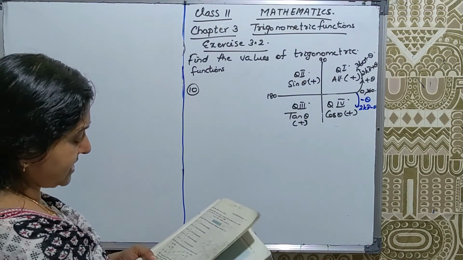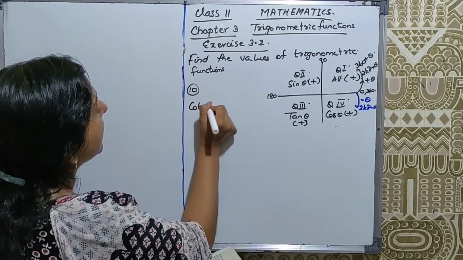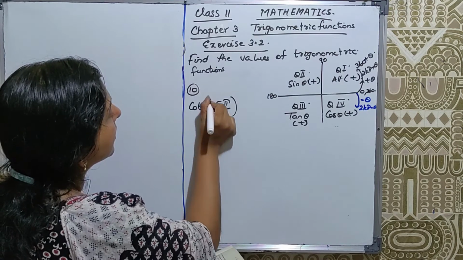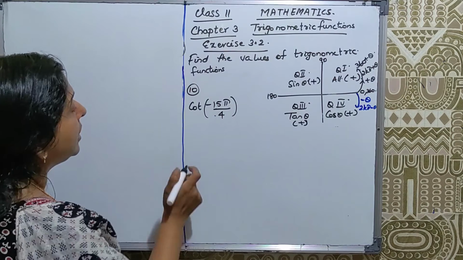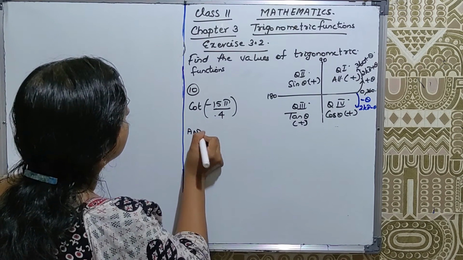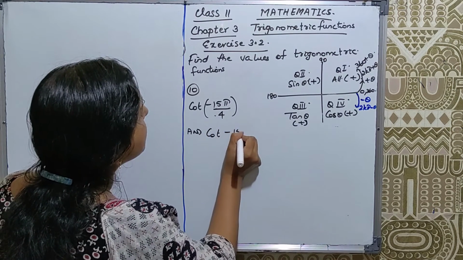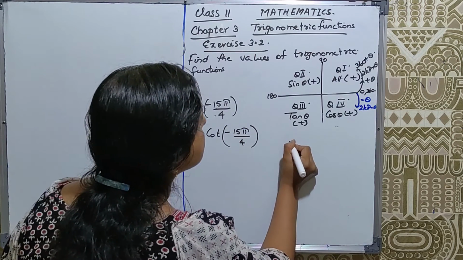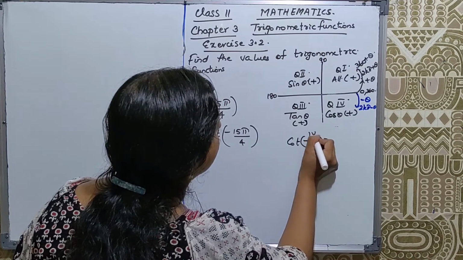Now we'll do question number 10. Question number 10 is cot(−15π/4). Again, cot(−θ). Cot(−15π/4) is cot(−θ). Cot(−θ) belongs to the fourth quadrant.